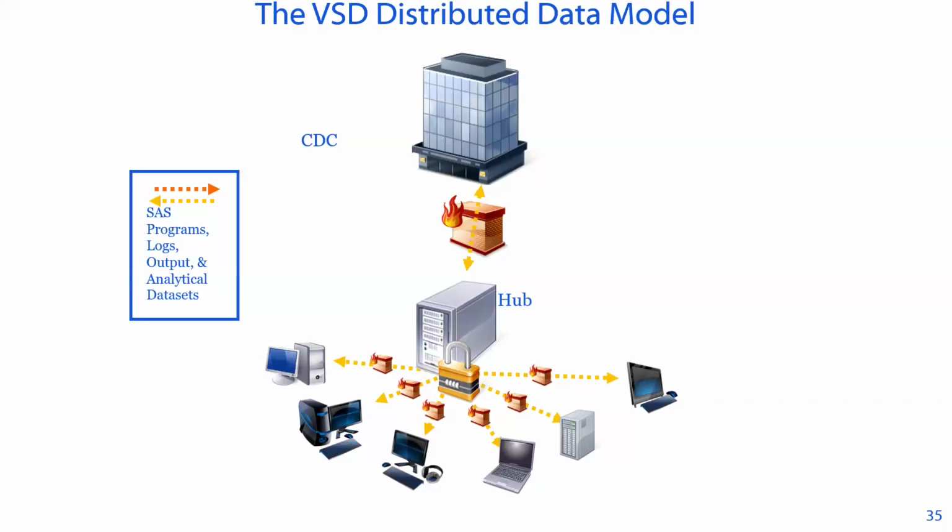And then from the hub, the programs are relayed to the sites. Sites can review the programs, which are then run on their respective data sets. And a subset of the data or the results are sent back to the hub, which then can be retrieved or downloaded by either a site analyst or the CDC. And so each site retains local control over their data.